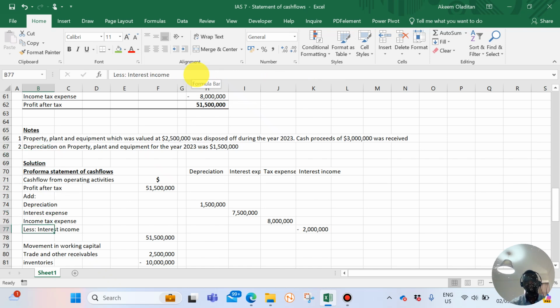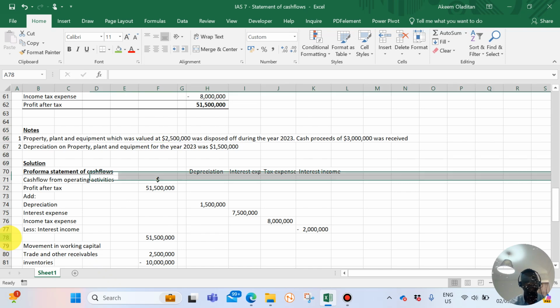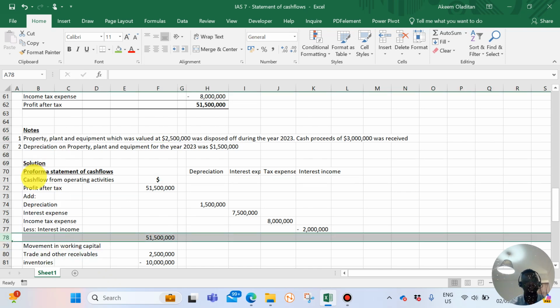Here, if you look at it properly, you see that there's a profit on disposal here. This is a cash proceed that we receive of 3 million, and this is 2.5. So that profit on disposal should have been part of this cash flow.